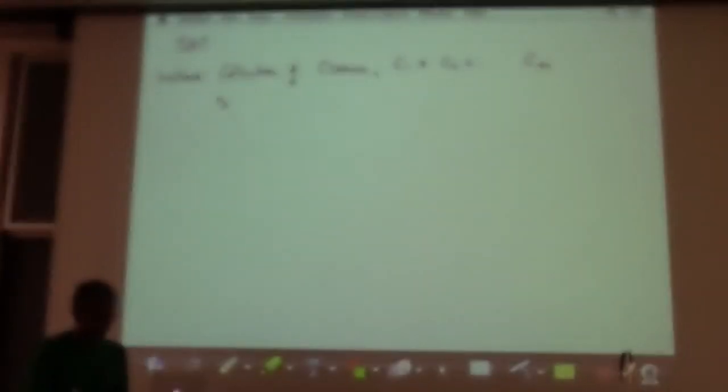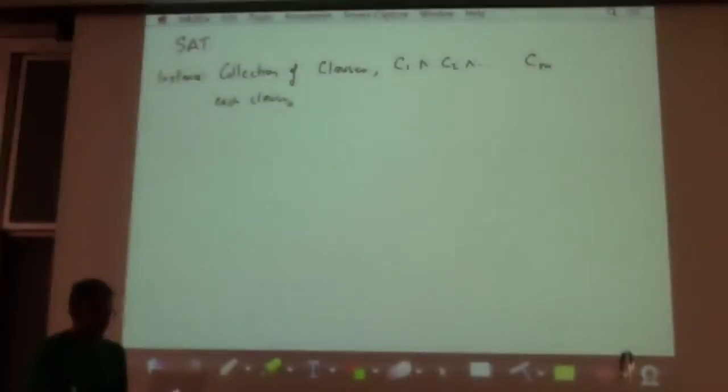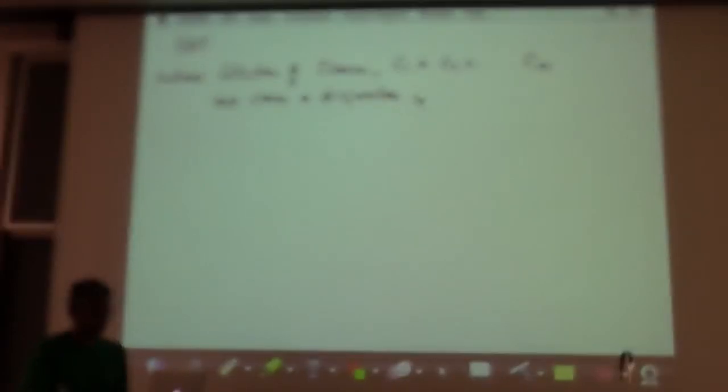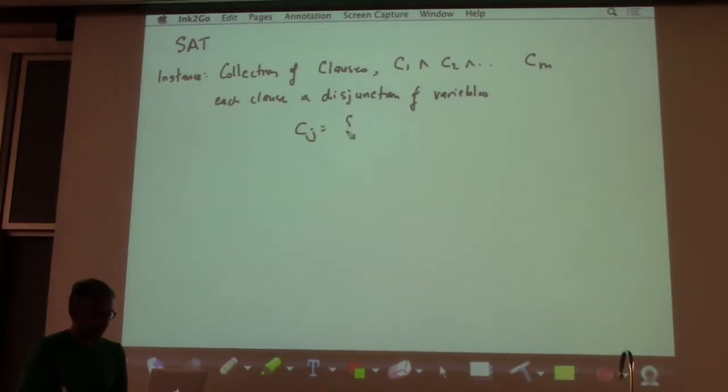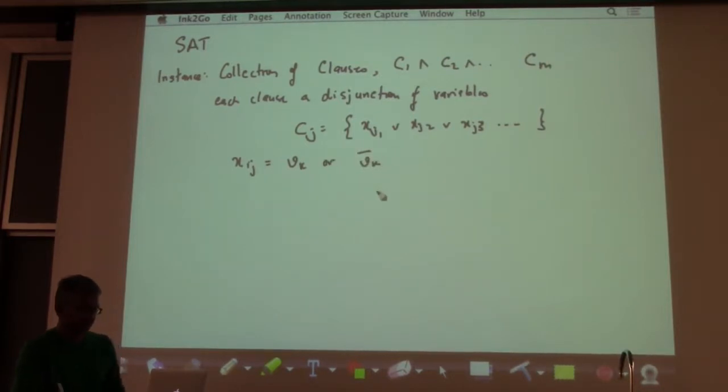Each clause is a disjunction of variables. So Cj is equal to xj1 or xj2 or maybe xj3 and so on. And each xij is either some variable, let's call it vk, or not vk. Okay? That's the instance. That's what the input to the SAT problem looks like.